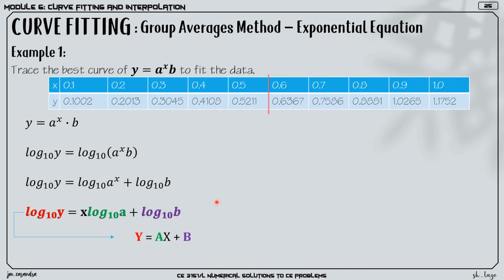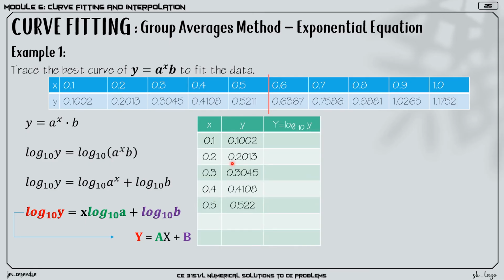From there, we again divide our given points into two. For the first half, we have 0.1 to 0.5. We determine the new value of y, which is equal to the log of the given y's: negative 0.999132, negative 0.696156, negative 0.516413, negative 0.38637, and negative 0.283079.